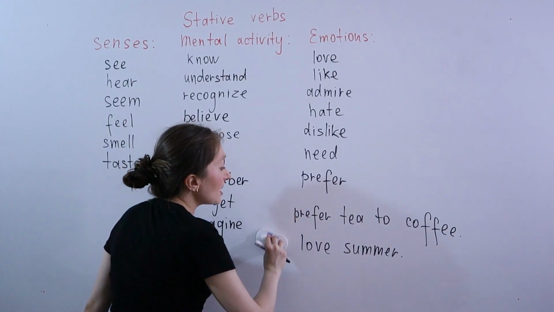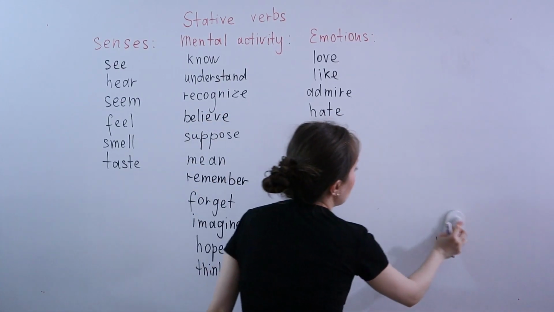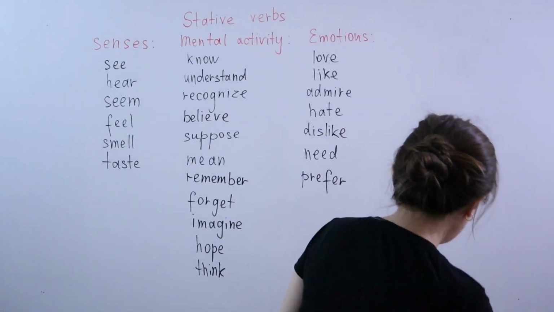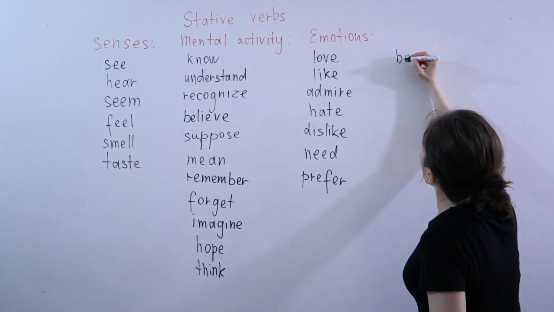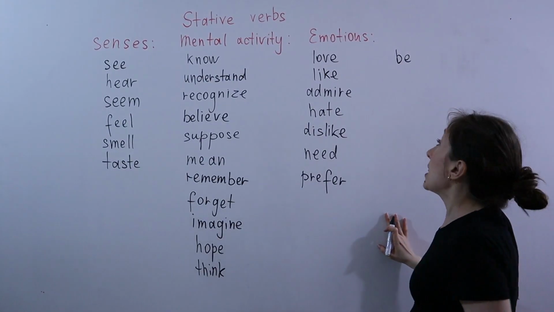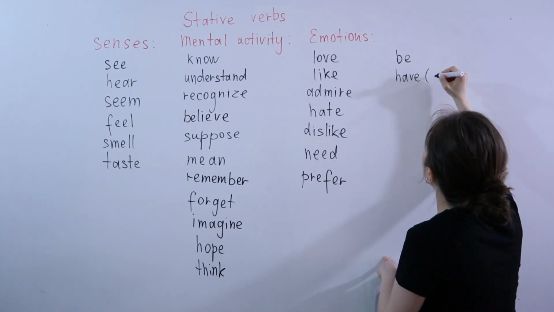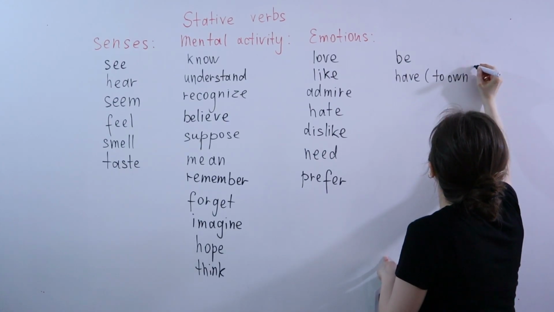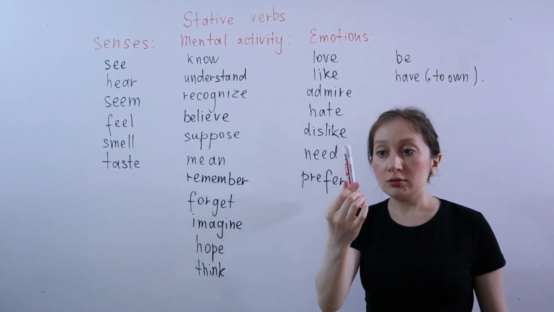And there are some other verbs, stative verbs. Let's call them just extra verbs, all right? Some extra verbs like the following. The verb to be, we also don't use in present continuous. Next, the verb to have in the meaning of to own. For example, this is a marker.